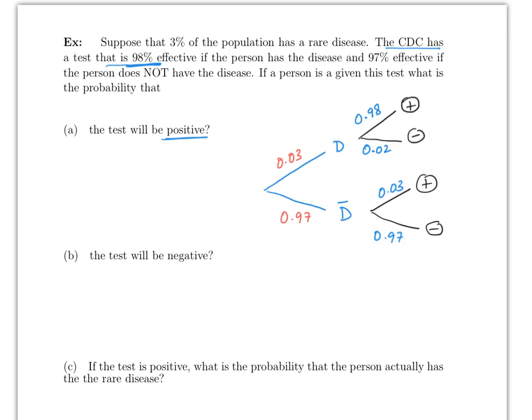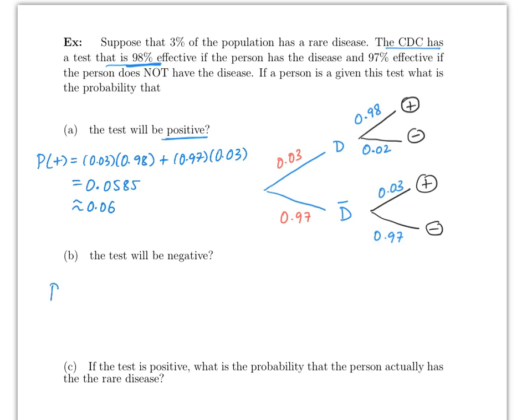So therefore, the probability that the person will test positive is 0.03 times 0.98 plus 0.97 times 0.03, which equals 0.0585, or around 0.06. And that's it.